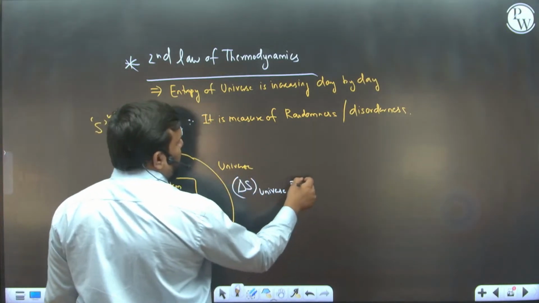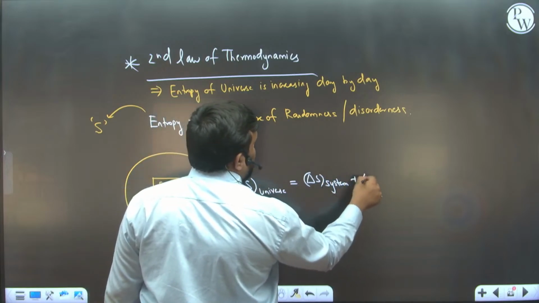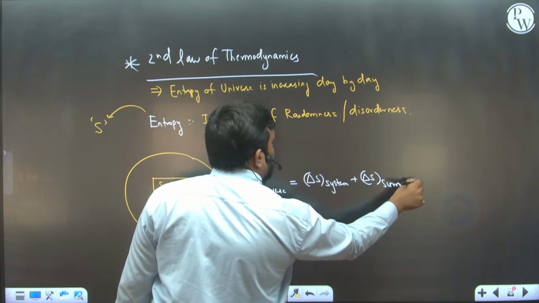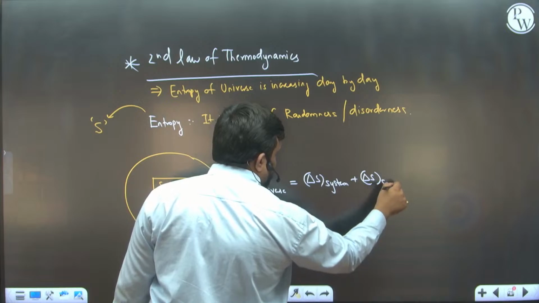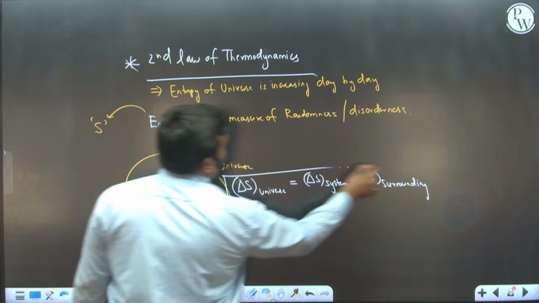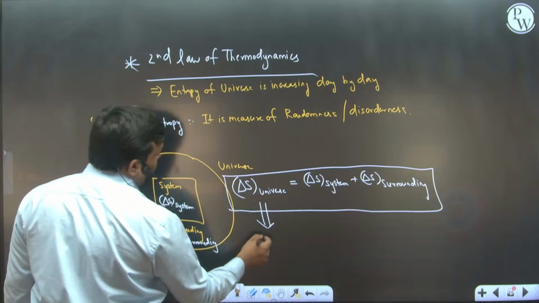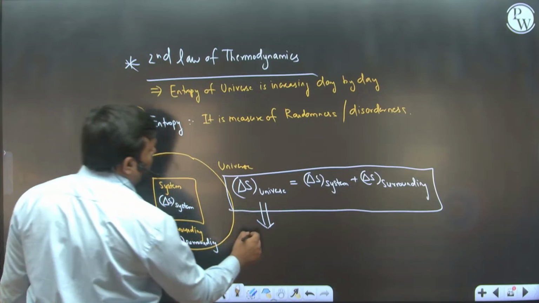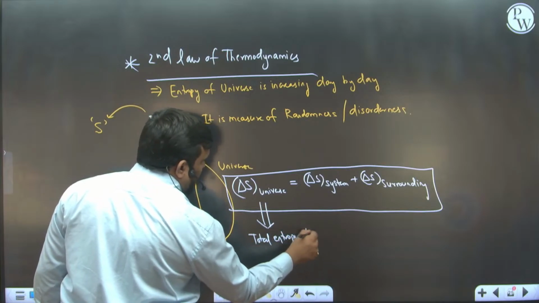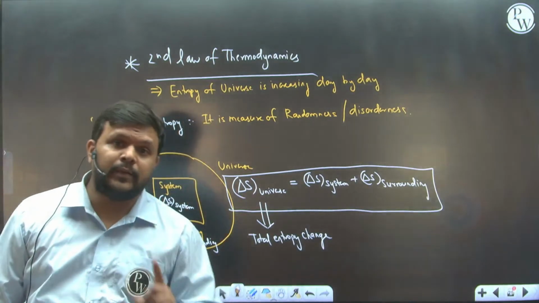Delta S universe will be equal to delta S system plus delta S surrounding. Okay. This is total entropy change, which is also equal to delta S universe. They will always say total entropy change. That means they are talking about delta S universe. Okay. This is a very important line.